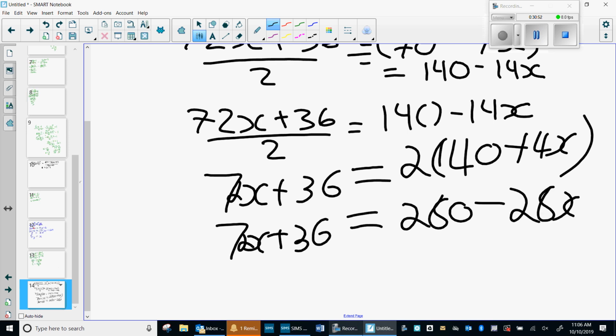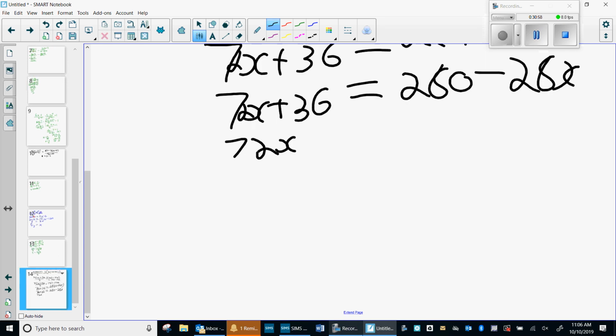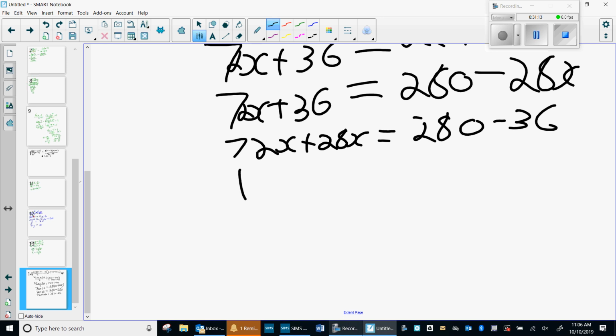And so then you do 72x plus 28x, and that equals 280 minus 36. My math isn't too good on this, but 100x.